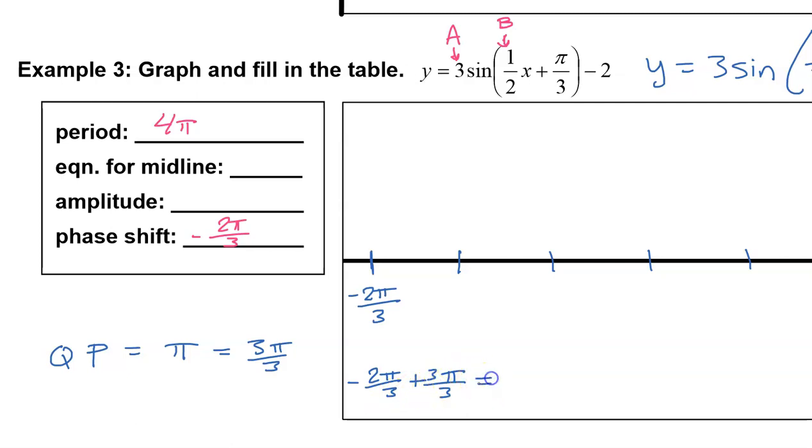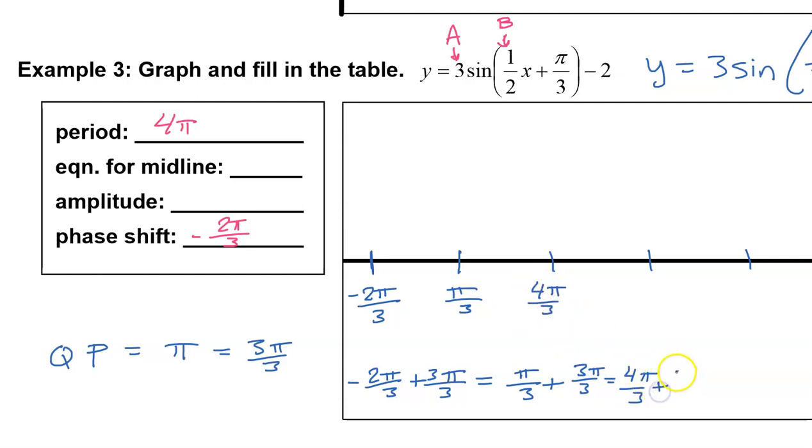Okay, that is going to give me pi. Negative 2 pi plus 3 pi is positive pi over 3. So the next value is pi over 3. And I'm going to add another quarter of a period to get the next value. So I'm going to add another 3 pi over 3. And that's going to give me 4 pi over 3. So that's the next value.